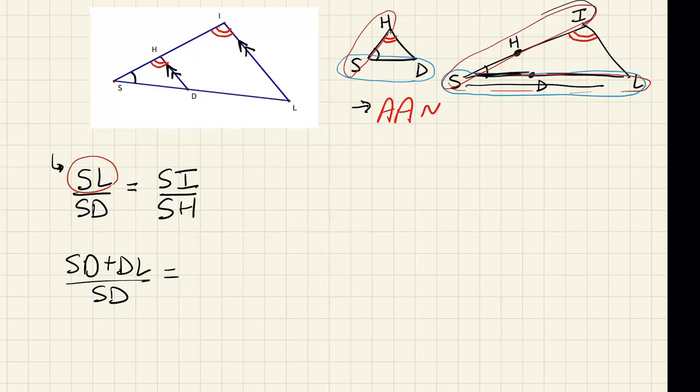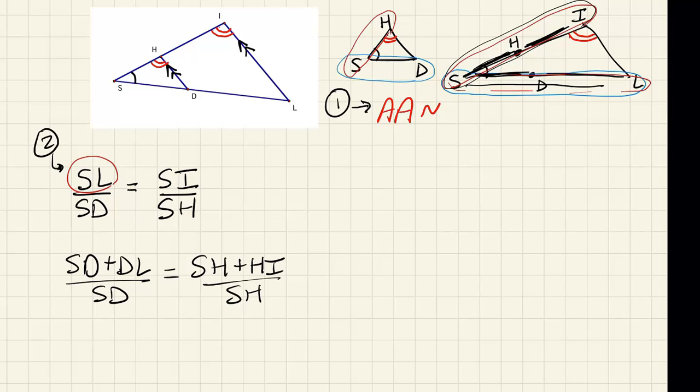And then this SI side, we can break it down with the segment addition postulate, SH plus HI, over SH. So we first showed they were similar, next wrote the proportion based on their similarity, and third used the segment addition postulate.